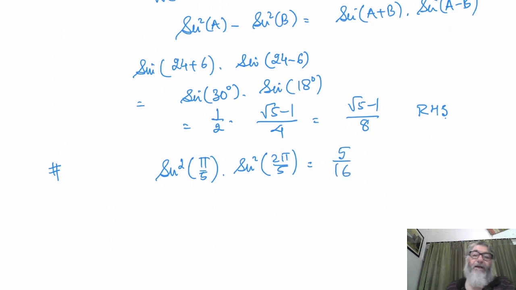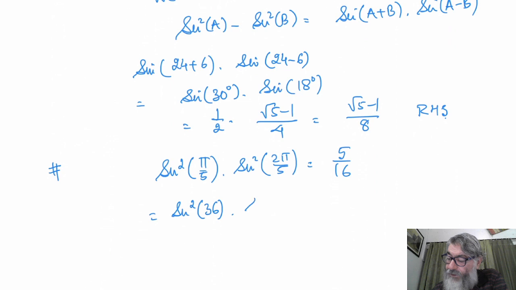Again, 180 upon 5 is 36. Sine square 36, and it will become sine square 72, just the double, because it is 2 pi by 5. So sine 36 degree whole square.